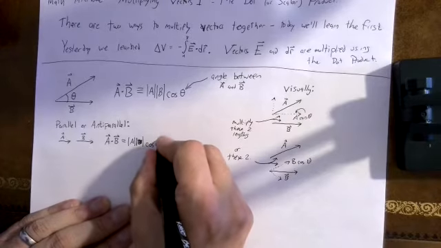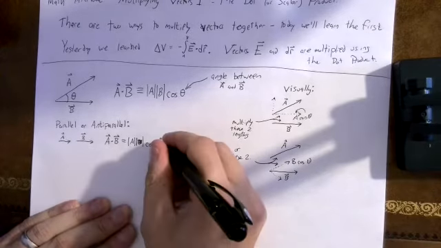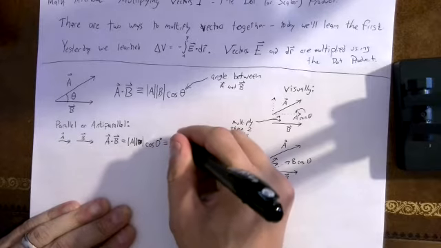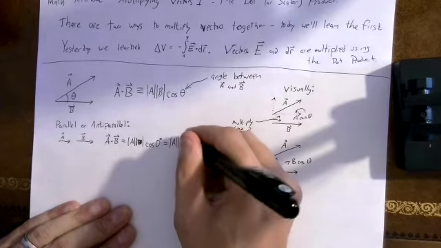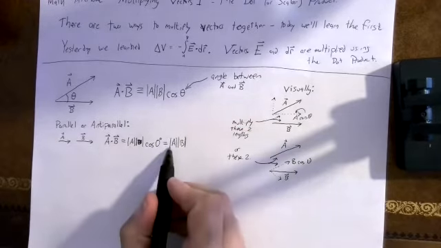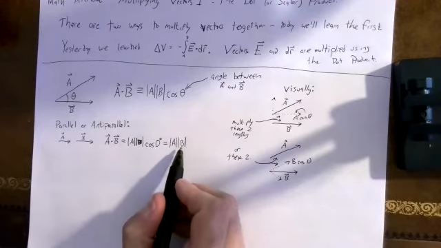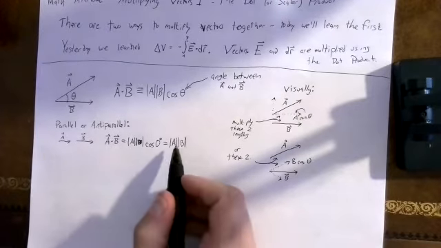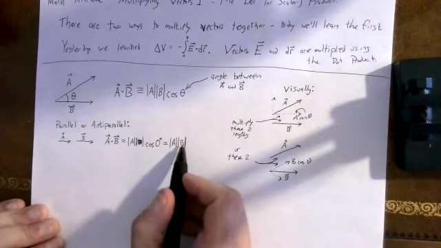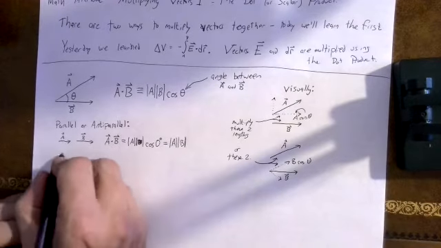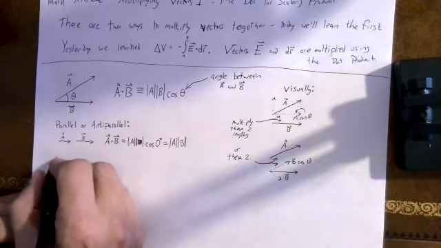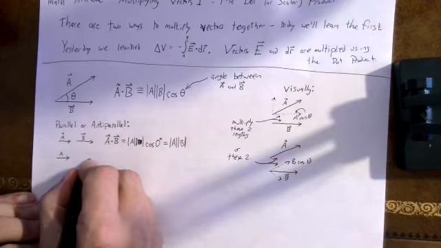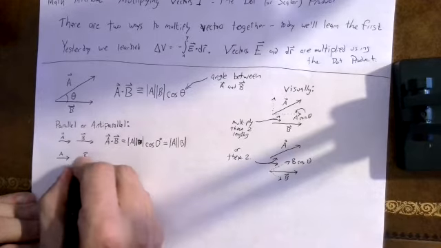And we know the cosine of 0 degrees is 1. So if the vectors are parallel, we just have to multiply their magnitudes together. It's just A times B, the magnitude of A times the magnitude of B. All right, and that's important to know and useful to remember. What if we have vectors that are anti-parallel? So if A is like this and then B is like this.